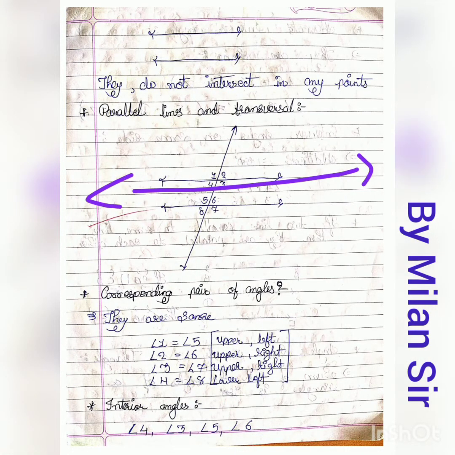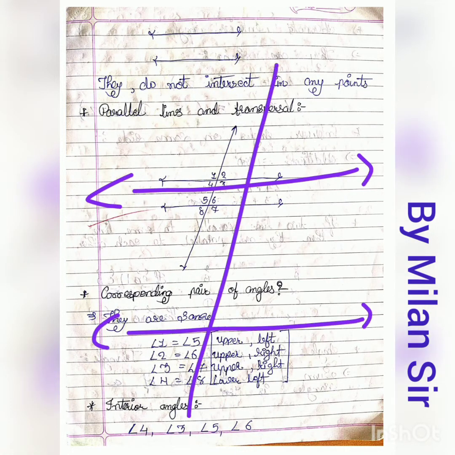Two parallel lines, one transversal, 1 2 3 4 5 6 7 8. Now the corresponding pair of angles always forms an F shape, and corresponding pair of angles are the same.